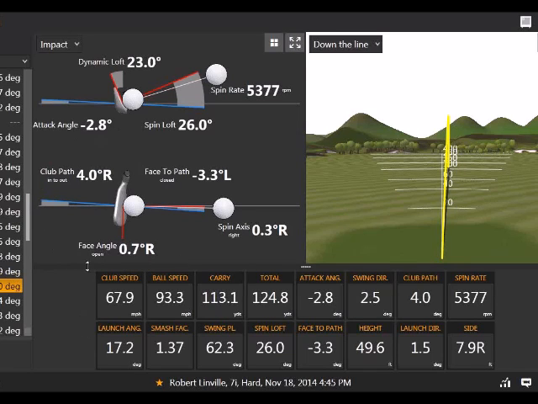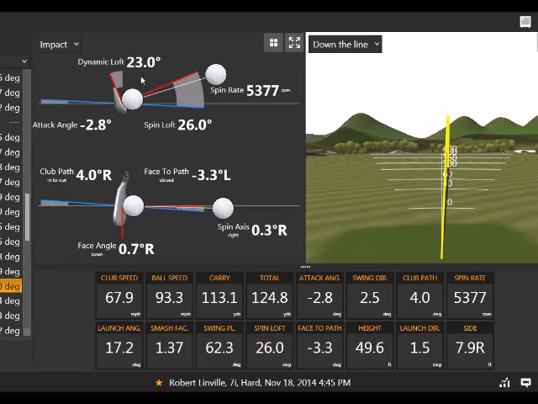Again, we got a little bit of wind blowing this way, but this is not bad. I wouldn't mind the face. It certainly should draw here with this if we hit it in the middle of the face. So all of these factors, and I'm looking at the dynamic loft of the club, kind of gives me an idea of where that shaft is at impact.